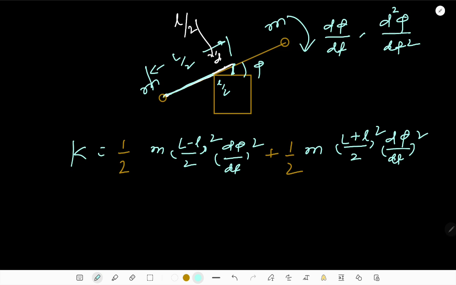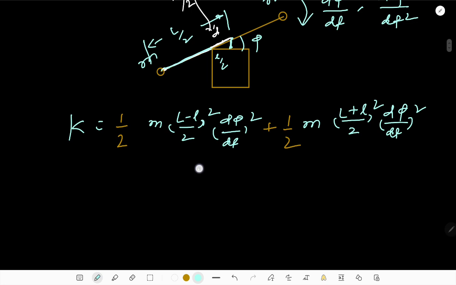But we need to make some approximation as well, because there was a condition saying small l is much less than capital L, so we need to use this information as well. So let's manipulate the things.